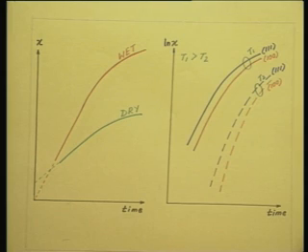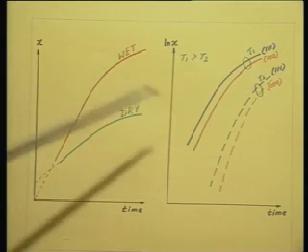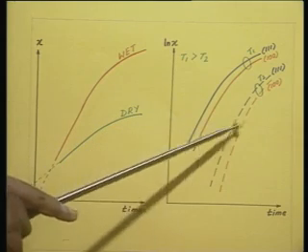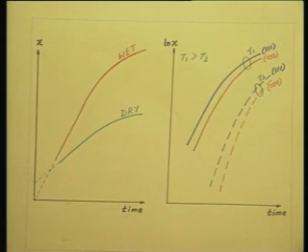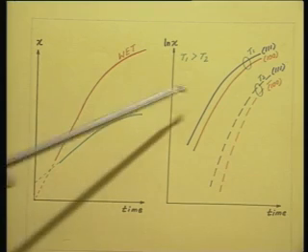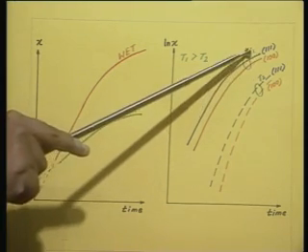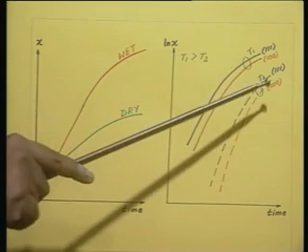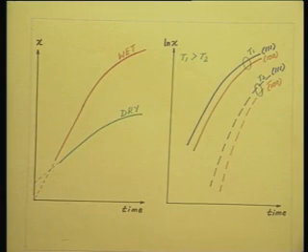The other interesting point to note is, look at any two black curves or any two red curves. The black curve here, this is for T1, a temperature T1, and this dotted curve is for a temperature T2. T1 is greater than T2. So, obviously, the growth rate is higher for the higher temperature.